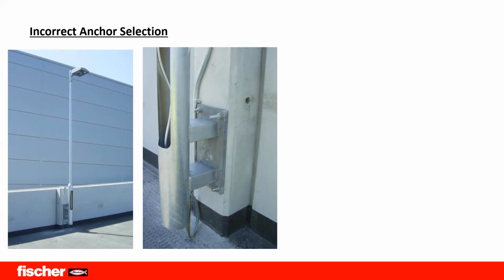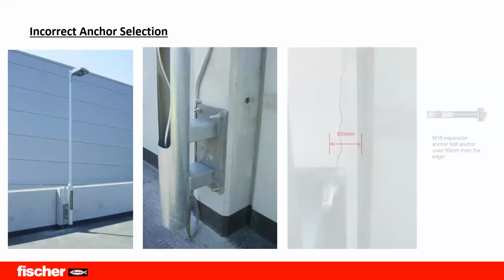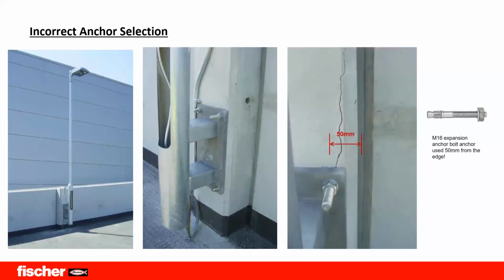The base plate is fixed with 4 anchors, and the contractor has used M16 expansion anchors. As they used mechanical anchors during the installation, the concrete got damaged, and as you see, there is a failure at the edge. I would not be surprised to see such an installation, because a large diameter expansion anchor has been used very close to the edge, which is only 50 mm, whereas the requirement was 80 mm.